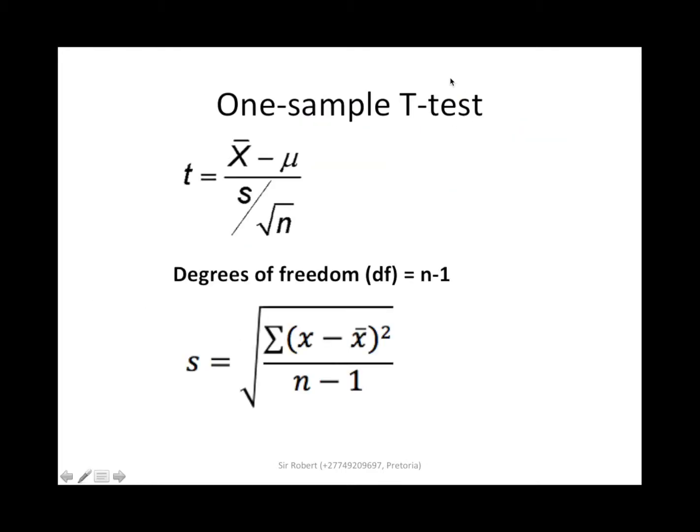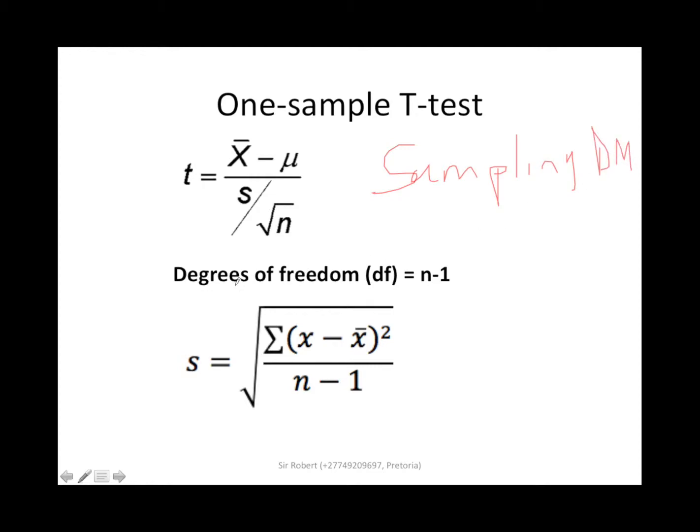For one sample t-test, we use this formula: t equals sample mean minus population mean, divided by the sample standard deviation over the square root of n. This is more like the sampling distribution of means we discussed earlier.